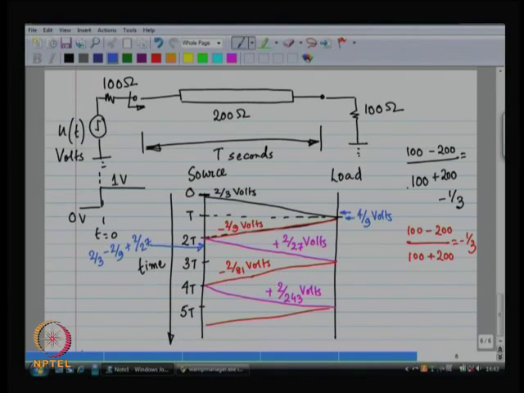I do not know, it is too difficult for me to, maybe not. So, it is 18 minus 6 plus 2. So, 14 by 27 volts.